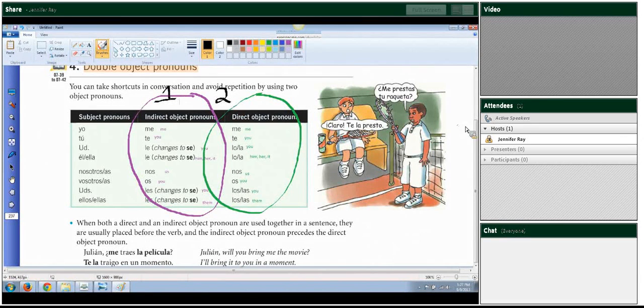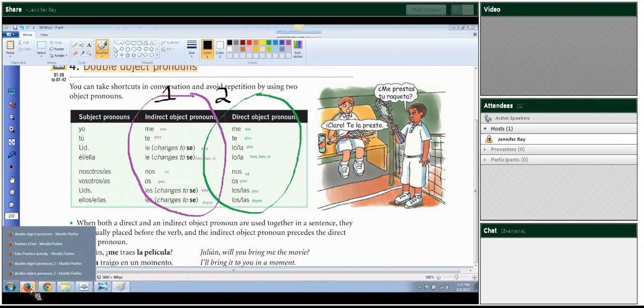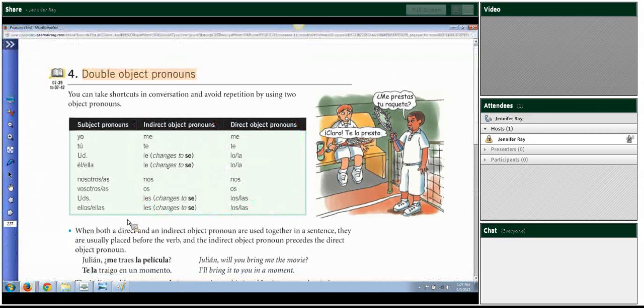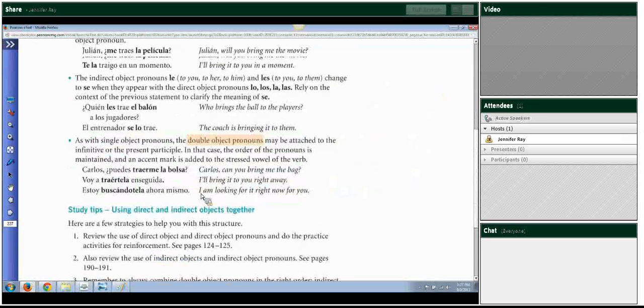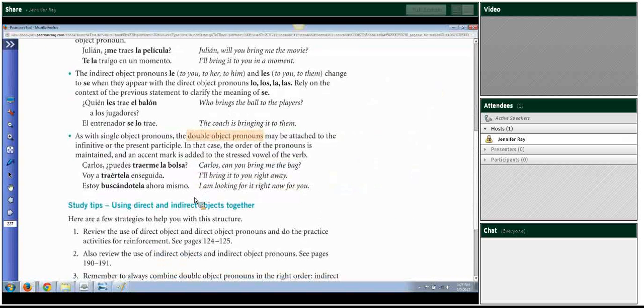One other thing to remember with these is that they work the exact same way as when you use them individually. For right now, there are some other instances, but these are the ones you know so far. You can attach these to the end of an infinitive, but it's the indirect that goes in front of the direct.